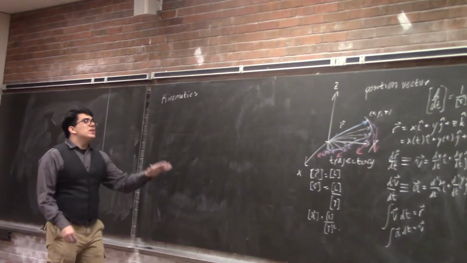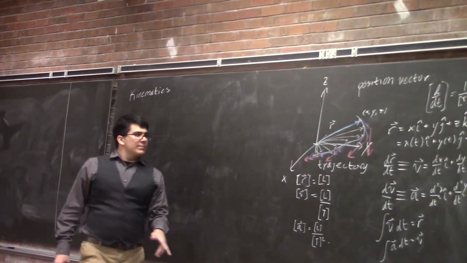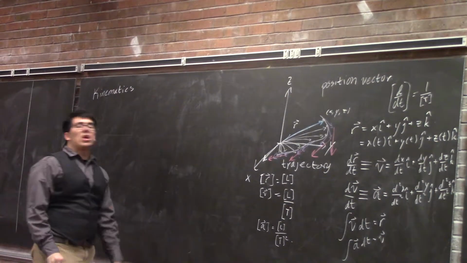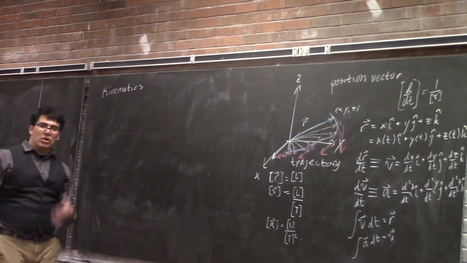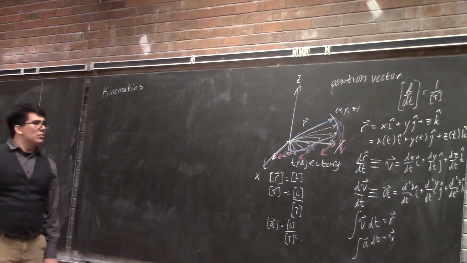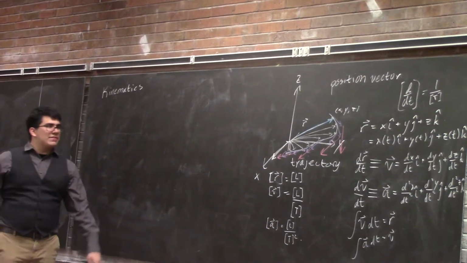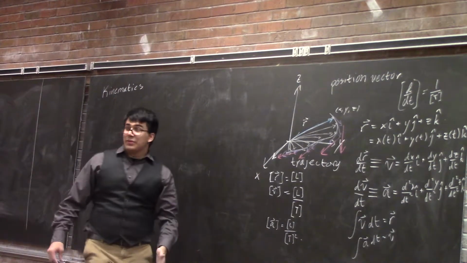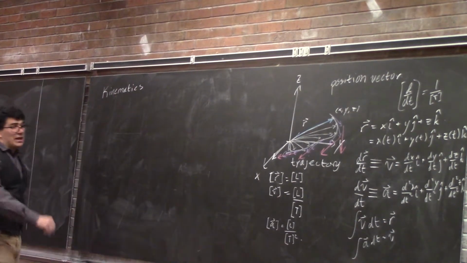So let's just say I'm moving along the x-axis, okay? And I have some constant acceleration. Either a car is speeding up, or a plane is slowing down after it's landed, or something like that. Or gravity somehow switched and it's in that direction now, and I'm falling this way. Which is weird, but, you know, it could happen.